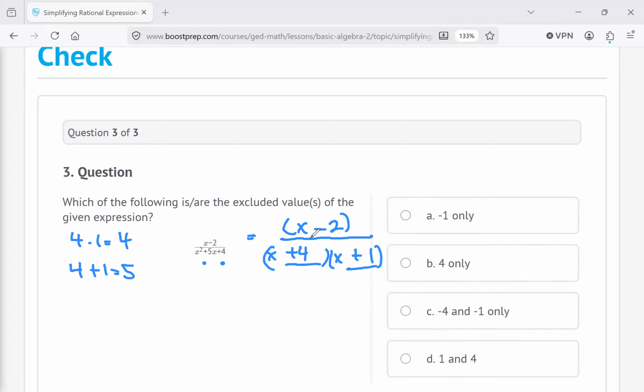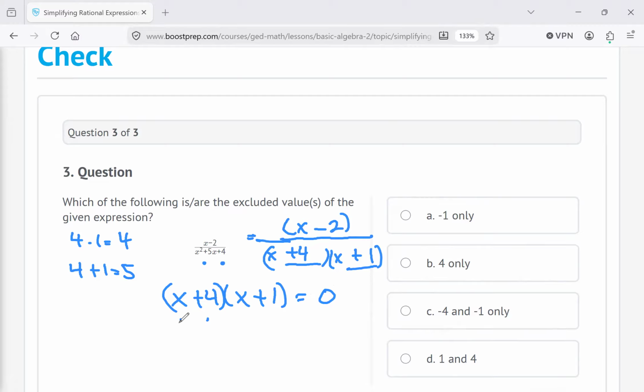Okay, do you see anything that cancels? No. So what you have to do next is set the bottom to 0 and solve for x. Our bottom is (x + 4)(x + 1). Go ahead and set that to 0 and solve for x.